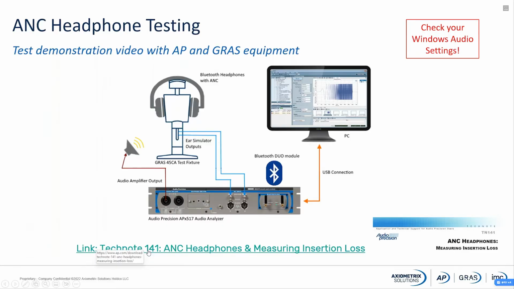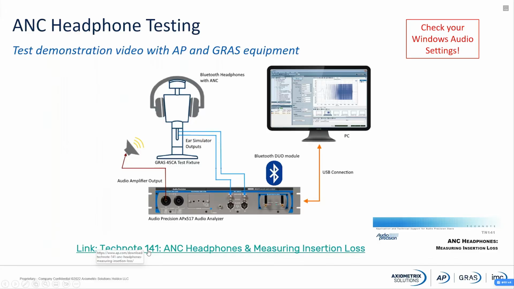What is the impact of insertion loss on measurements? Well, the passive noise attenuation of the DUT is more or less an insertion loss measurement of the headphone in this case.